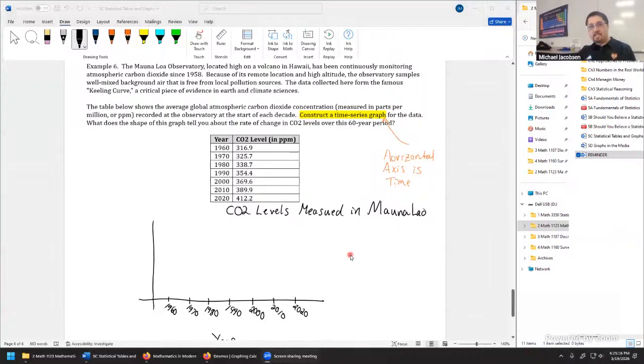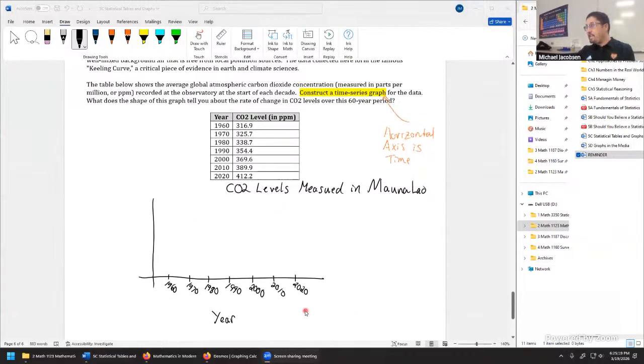And next, after we have the year, that's our major requirement for a time series graph. We take the quantitative variable. This time we don't have frequency whatsoever. This is just one measurement. There's no binning happening at all. So we're just putting CO2 level going this way, in parts per million.